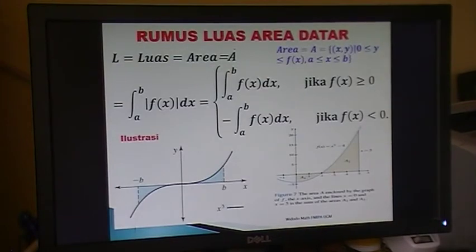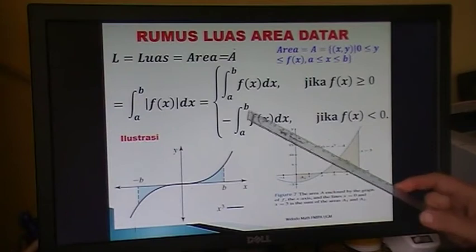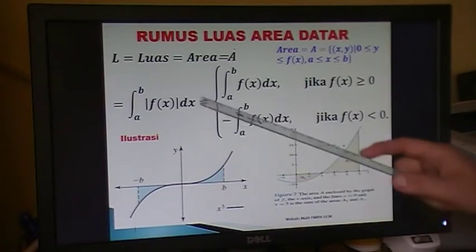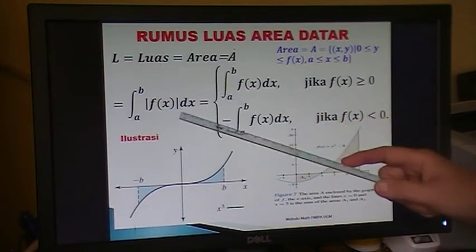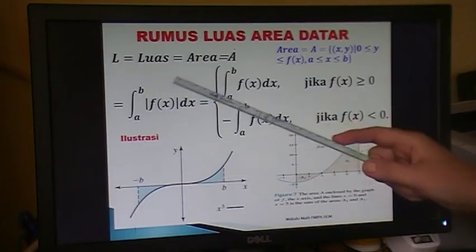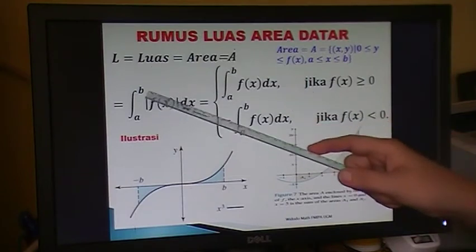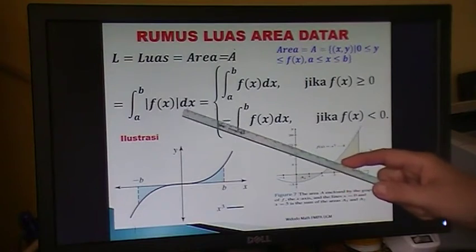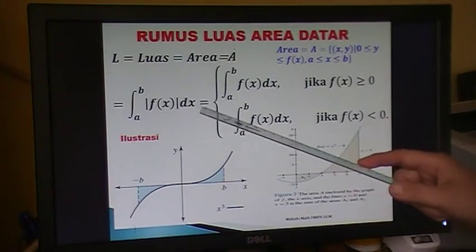In conclusion, we can say the following. If the function f is an arbitrary function, it can be negative, it can be positive, then the formula of the area is A equal to the integral from a to b of the absolute value of f(x) dx.